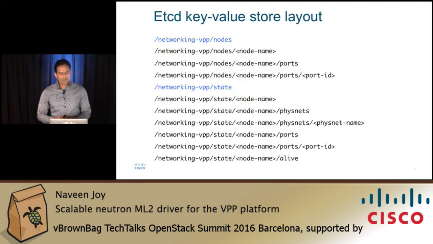This is a high-level layout of the etcd key value store. So we have networking-vpp/nodes, a directory that is set up. And for each compute host, we have a directory set up for ports.